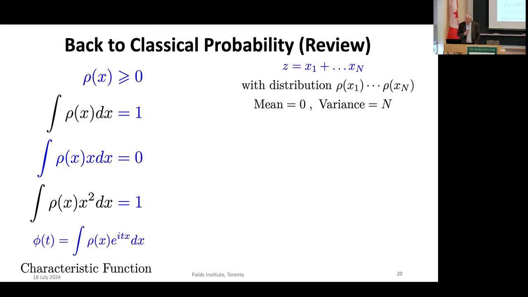Now, one takes in probability capital N independent copies with, say, the same probability distribution rho.